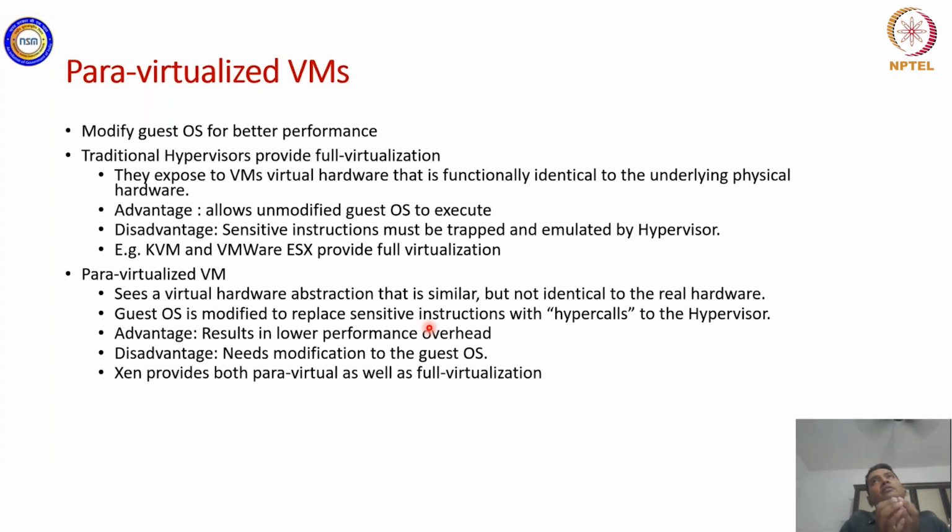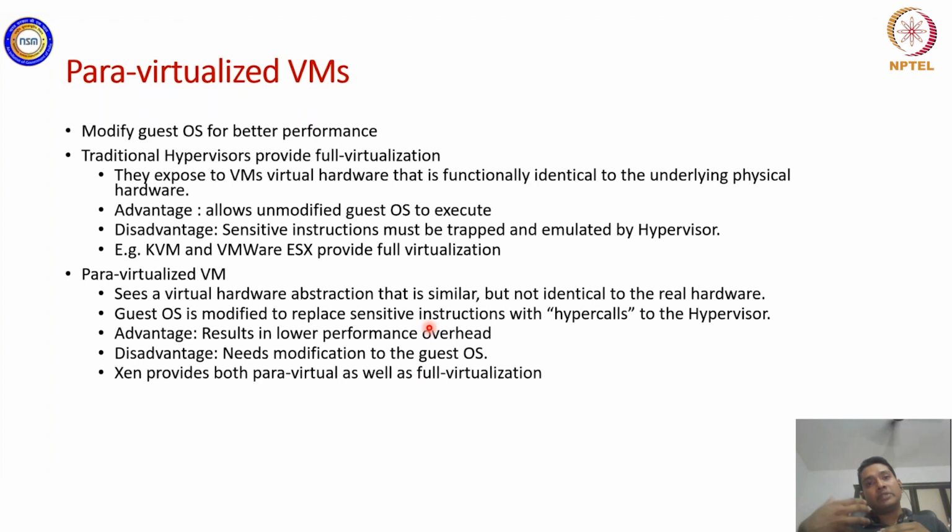Now you are saying that I do not want all the instructions to get emulated inside your hypervisor. Rather, you can define one set of the sensitive instructions which will be executed through hypercalls to your hypervisor.